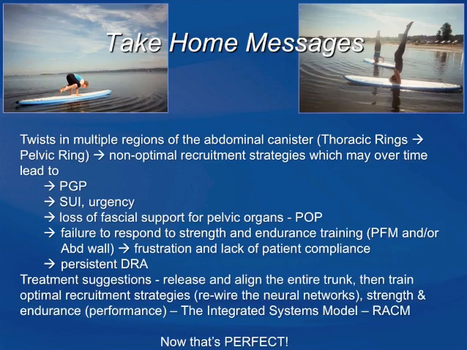And treatment suggestions: release and align the entire trunk. Look at all of these things as a whole person problem. Look to train optimal recruitment strategies before you move to strength and endurance training. And we really feel that through the lens of the integrated systems model, this is a perfect way to treat women with pain, incontinence, prolapse, or diastasis rectus abdominis.